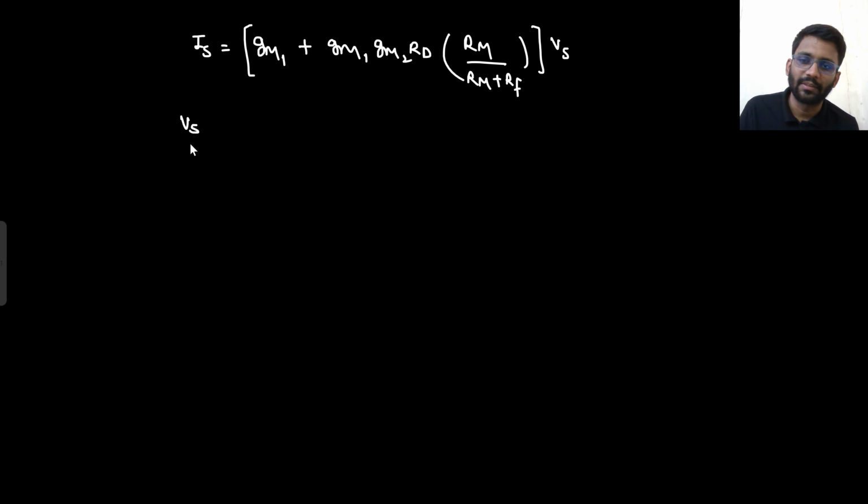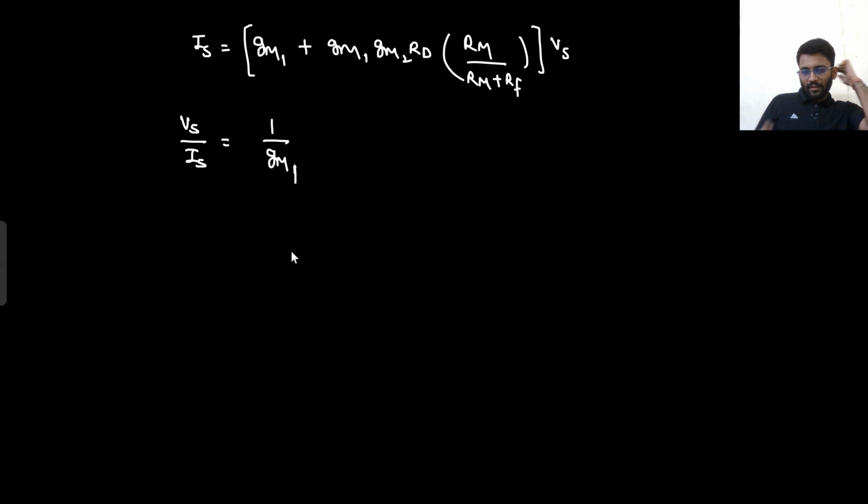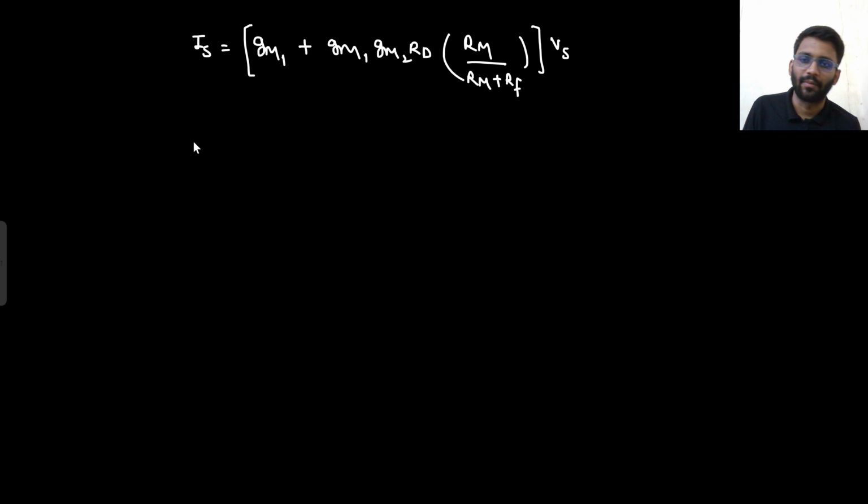So what will be your Vs by Is? That would be 1 by Gm1, because Gm1 would be coming common. So 1 by Gm1 divided by 1 plus Gm2 Rd. So that would be a complex expression, so I should write it in a better manner.